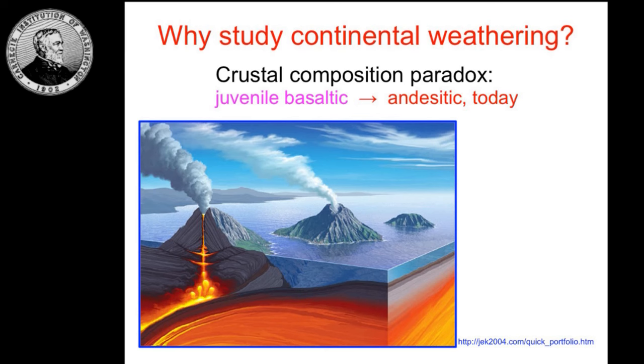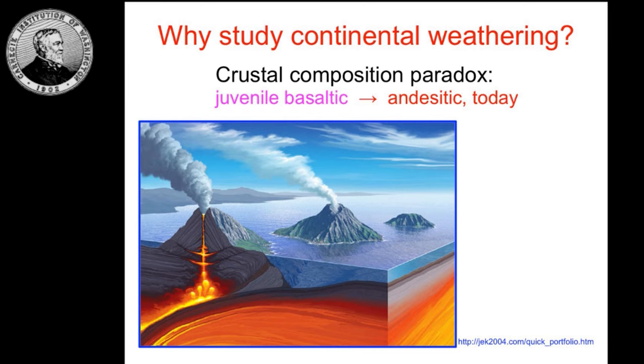So why do we care about continental weathering, right? There is a so-called crustal composition paradox. We know that the magma that generated the current day continental crust is basaltic, at least the majority is at these convergence margins. However, the juvenile bulk continental crust, the one that I'm standing on and you are sitting on today, is andesitic in composition.